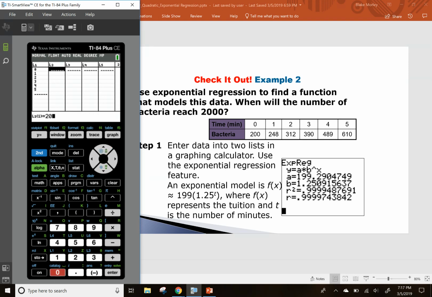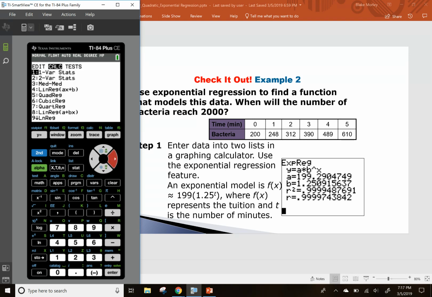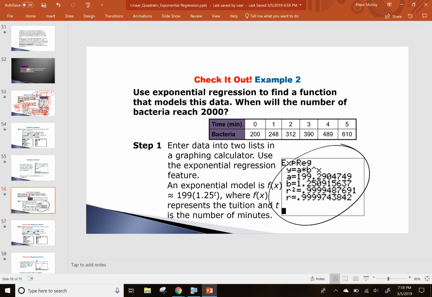So 200, etc. Okay, so let's get the equation: go to calc, choose exponential regression and hit calculate. So there's our equation.